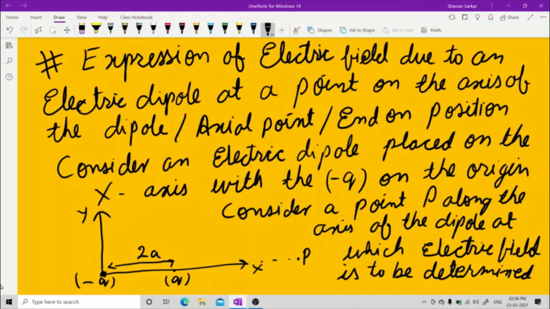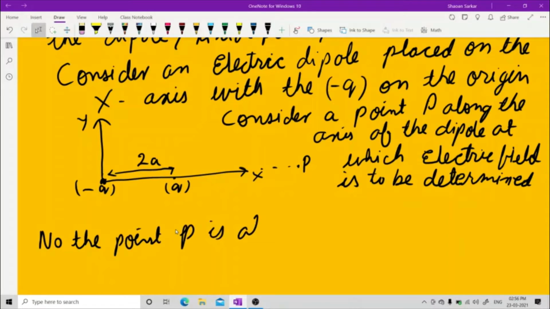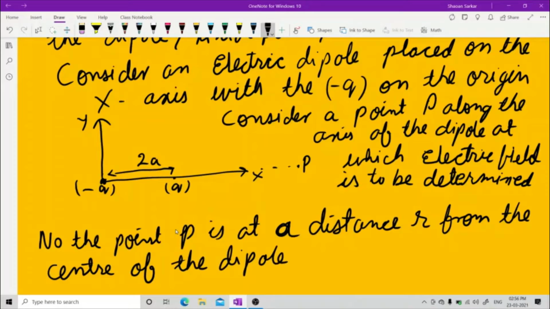Now the point P is at a distance r from the center of the dipole, that is, this is the center of the dipole, and this is at a distance r.